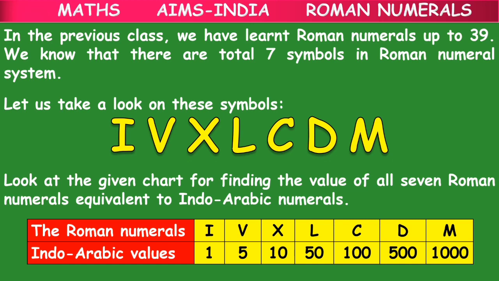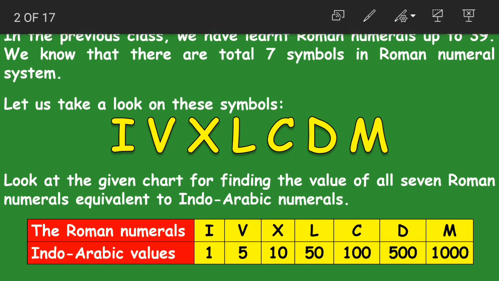And another way to remember these values is that if you observe, first we have 1 and then we have 5. Yes, children, we have 1 and then we have 5. If you look at the remaining numbers, all the other numbers are also in terms of 1 and 5 only. 1, 5, then also 1, 5, and again we are having 1.